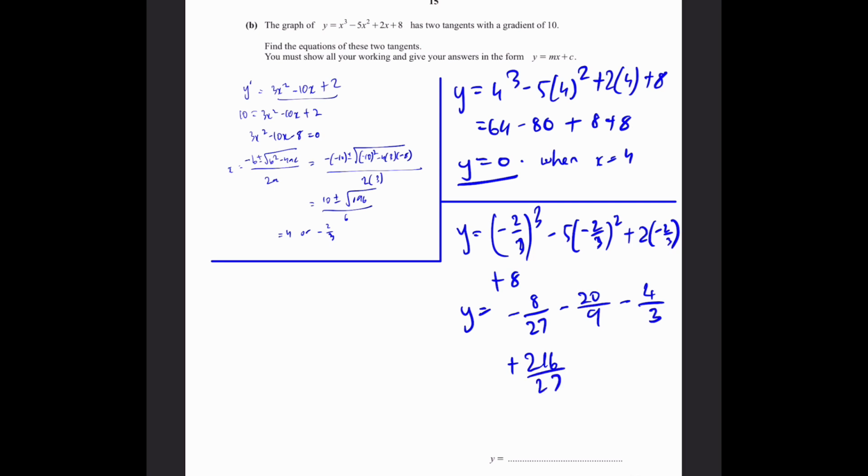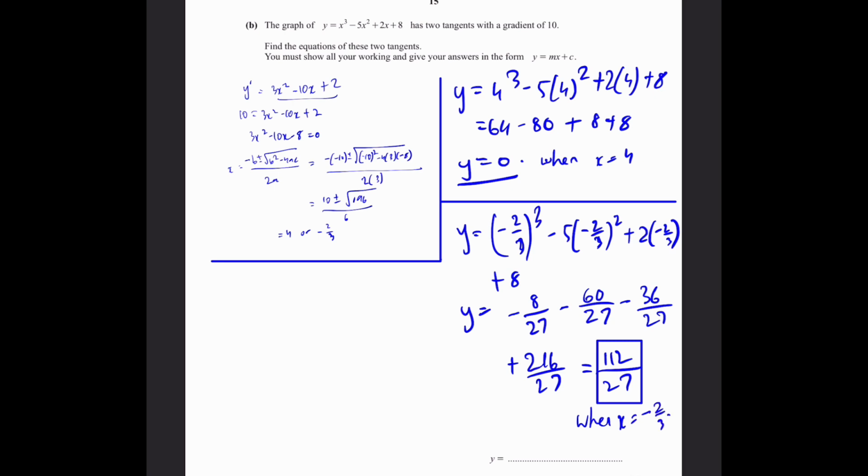Now we can write 20 by 9 as 60 by 27, and 4 by 3 is 36 by 27. Now we can do this, and we get 112 divided by 27. They don't have any common factors, so we can't simplify it. And this is the y value when x is minus 2 by 3.